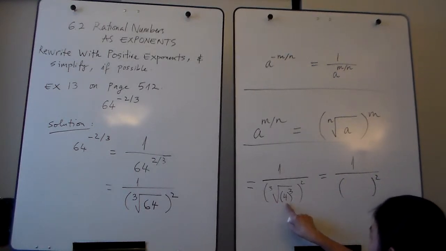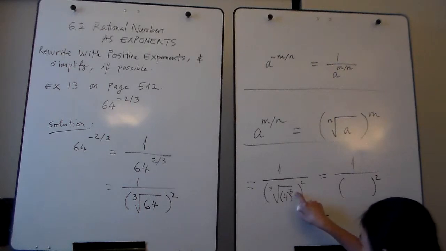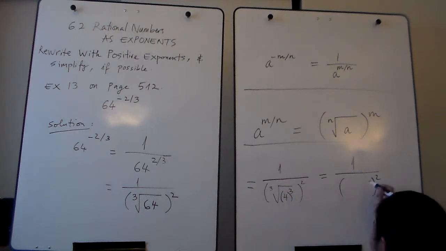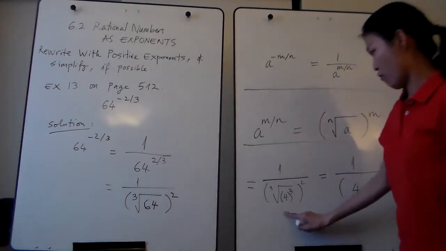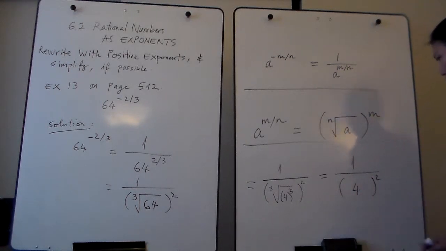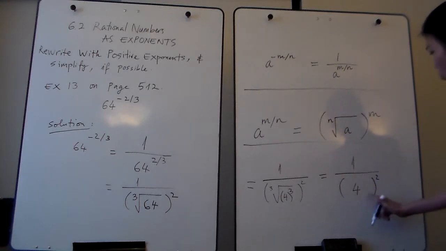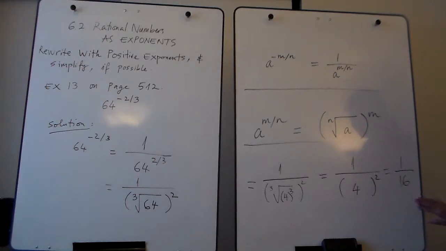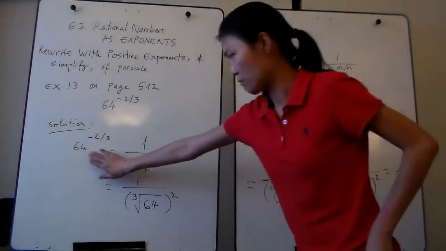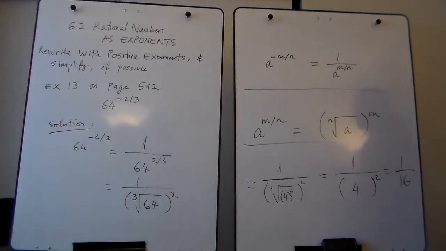Now, this is 4 raised to the third power, and when you take the cube root, it's equal to 4. Okay? Again, this is the formula we learned earlier. And then we're left with 4 squared in the denominator. You can simplify this to 1 divided by 4 squared, which is 16. And 1 divided by 16 is the answer for simplifying this 64 raised to negative 2 divided by 3. And this is the answer.